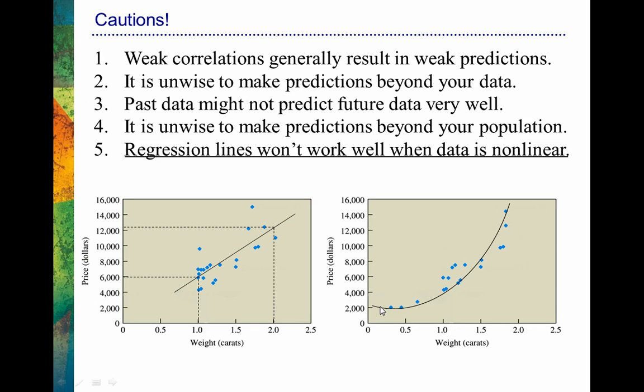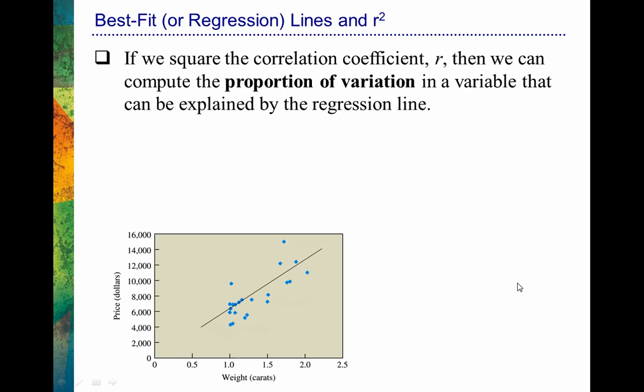Let's say that the relationship between the weight of diamonds and the value of diamonds had this type of relationship, and it's clearly not linear. Then if we were to fit a regression line through it, our predictions wouldn't work very well because we can see the value starts to increase quite quickly as we get past about 1.5 carats. So when we have nonlinear relationships, our regression lines that are built based upon linear relationships will not work well.